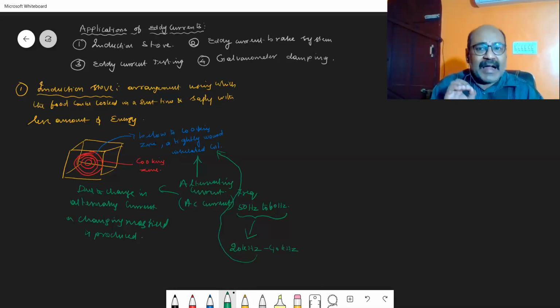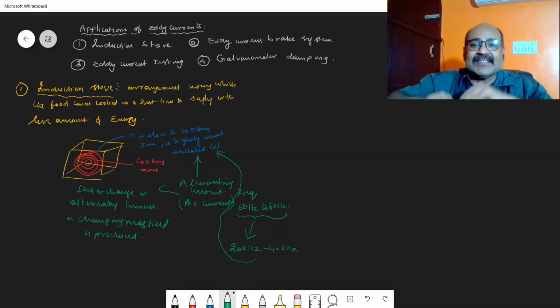But usually in practice, the manufacturer of the induction stove makes an arrangement to increase the frequency of the alternating current that we supply. The alternating current is increased from 50 to 60 hertz to 20 kilohertz to 40 kilohertz, so that the rate at which the flux changes is high.